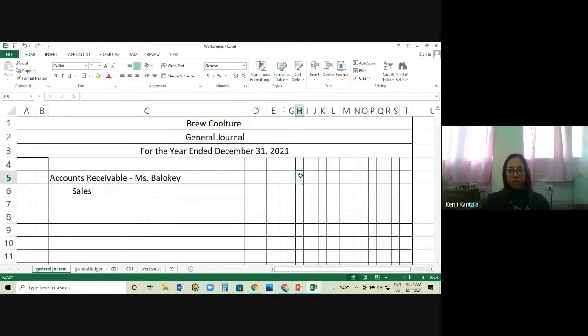This is our debit money column. We have here 2,000, for example, 2,000 pesos. Since there are no 50 cents, it is just 2,000. And then likewise, we record it in our credit money column for our sales, at 2,000 as well.